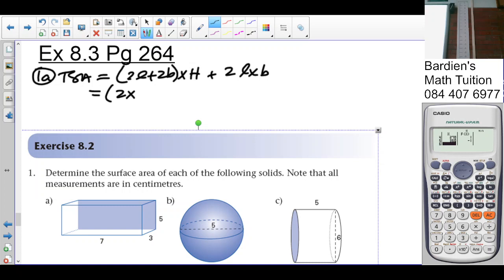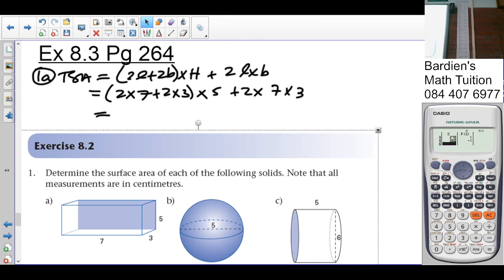So it's going to be 2, your length is 7, plus 2 times 3, times your perpendicular height, which is 5, plus 2 times 7 times 3. So that gives us 14 plus 6 is 20, so it's going to be 100 plus 42.